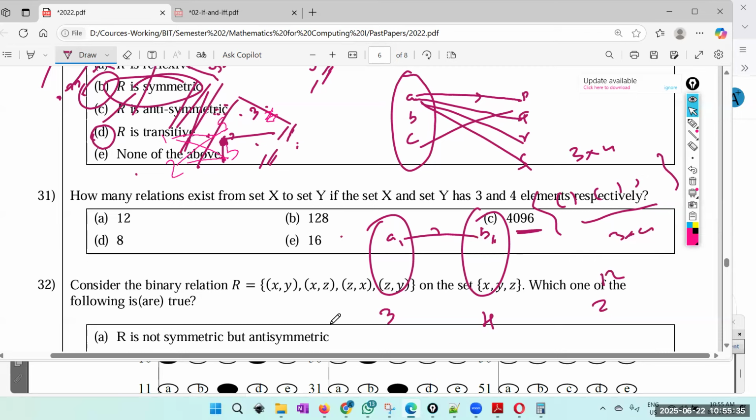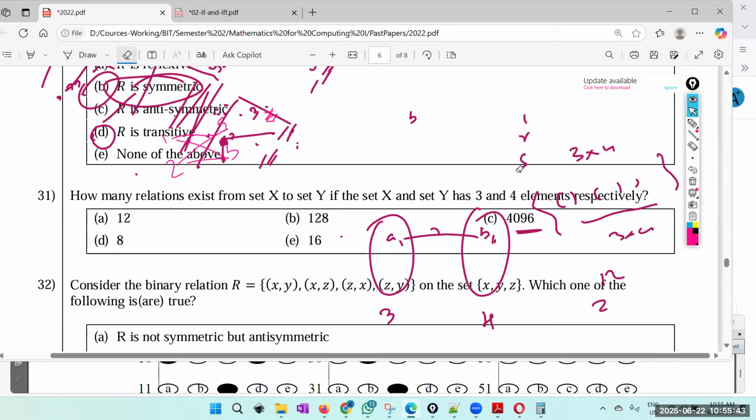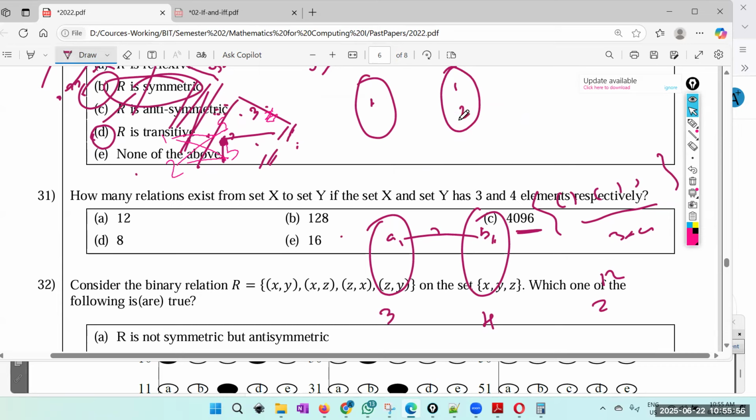It makes sense. Another thing you can do, just to justify yourself that it is correct, is to think you have only one element here and 2 elements here. Then how many possibilities are there according to our formula? 2 to the power 1 into 2, that is 2 to the power 2, which is 4. What are those possibilities?